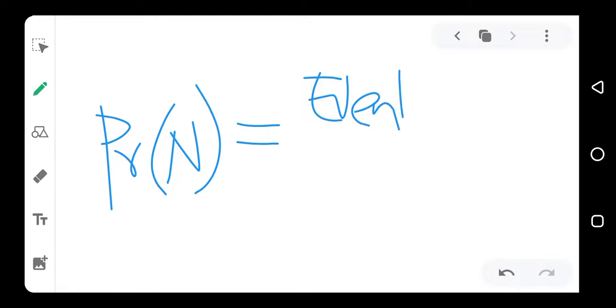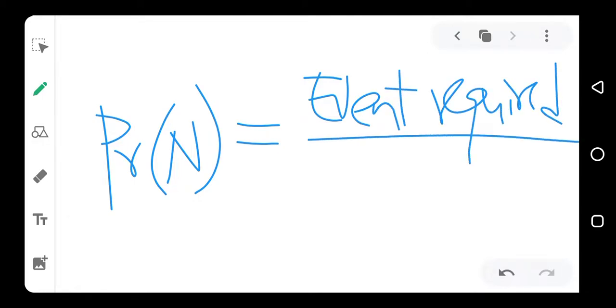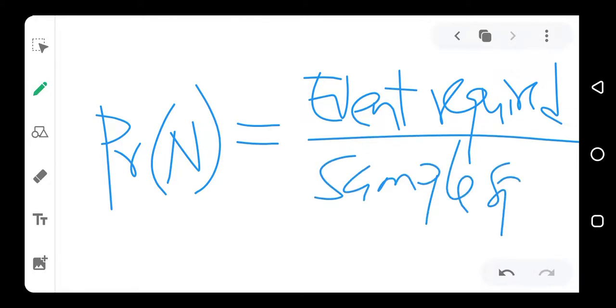If we are given any question to solve or to calculate something in probability, this is the way we determine the probability of any event. Probability of an event is equal to the event required all over sample space, where this event required is what you are looking for.